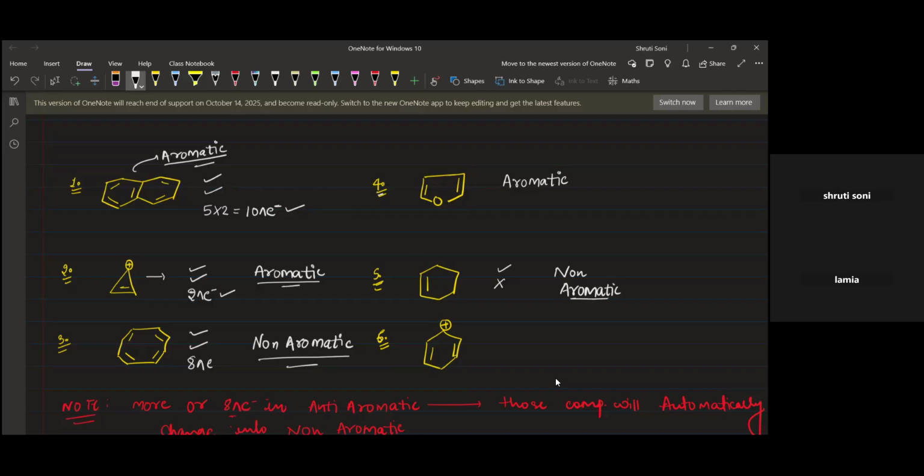Sixth one. Cyclic? Yes. Are all carbons sp2 hybridized? Hold on, give me one second. I don't think so. This one is sp2, this one is also sp2, this carbocation is sp2.